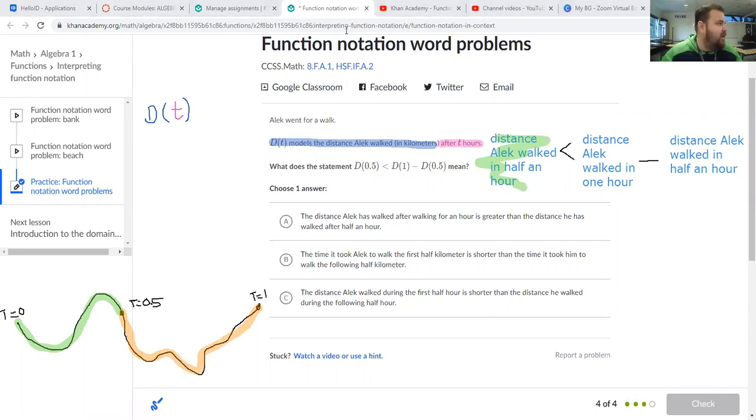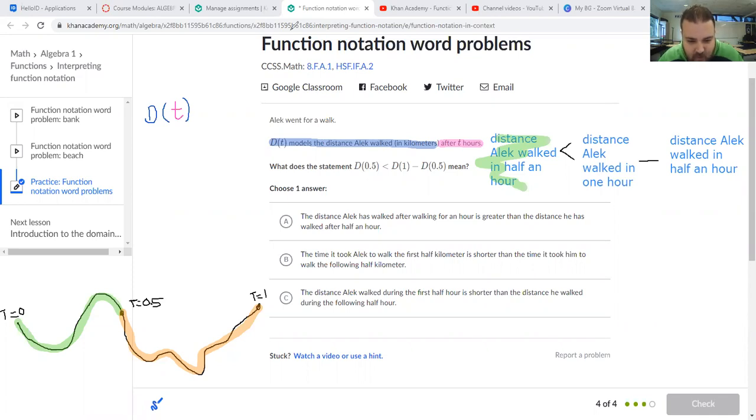It's multiple choice, that'll help us out. The distance Alec has walked after walking for an hour is greater than the distance he has walked after half an hour. The time it took Alec to walk the first half kilometer is shorter than the time it took him to walk the following half kilometer. Ooh, that's tricky.